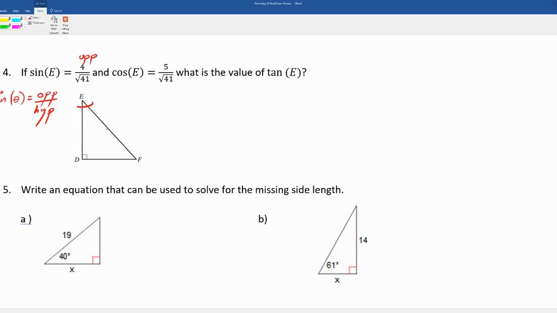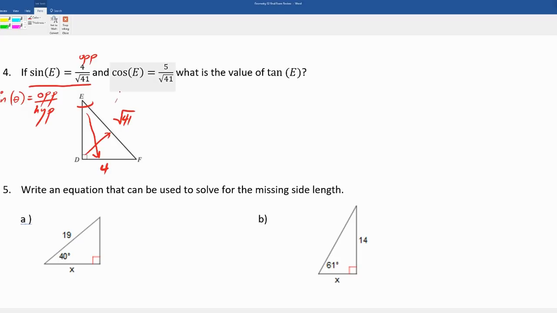So who's opposite of angle E? DF, which is 4. Now, who's the hypotenuse? Opposite of the 90-degree angle. That will be EF, which is given to us as square root of 41. Notice how this piece gave us that information, and we had to know this idea. So make sure you know your trigonometric ratios so that you can apply them correctly.